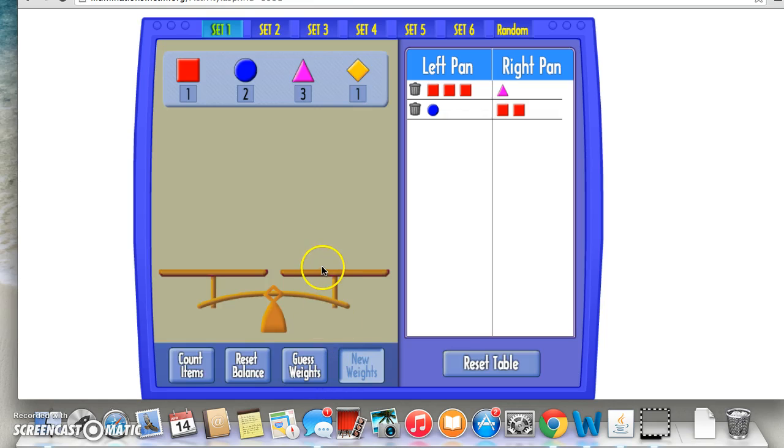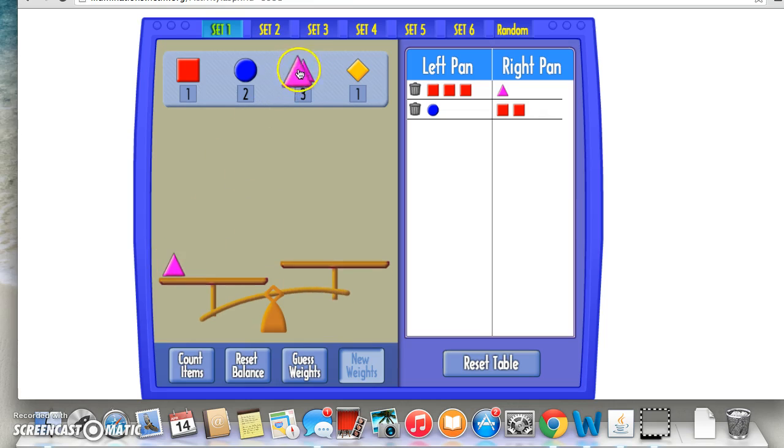You can close this out. So then you can ask them, okay, how many red squares would we need if we had 3 triangles?